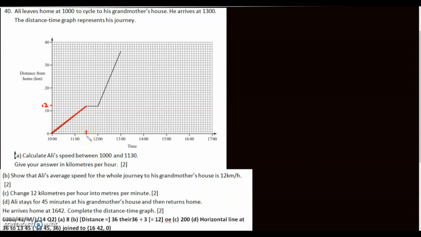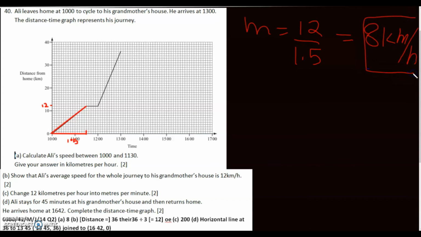So it's an hour and a half. We need to give the answer in kilometers per hour, so 12 is in kilometers and this should be in hours. So m equals 12 upon 1.5. 12 divided by 1.5, we get 8. So speed is 8 kilometers per hour.